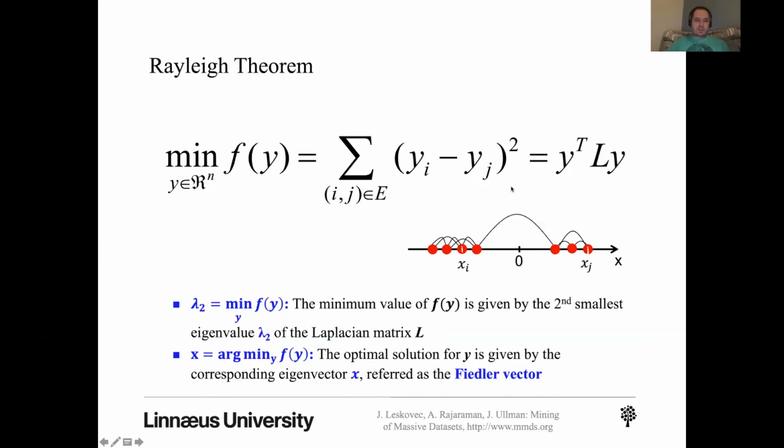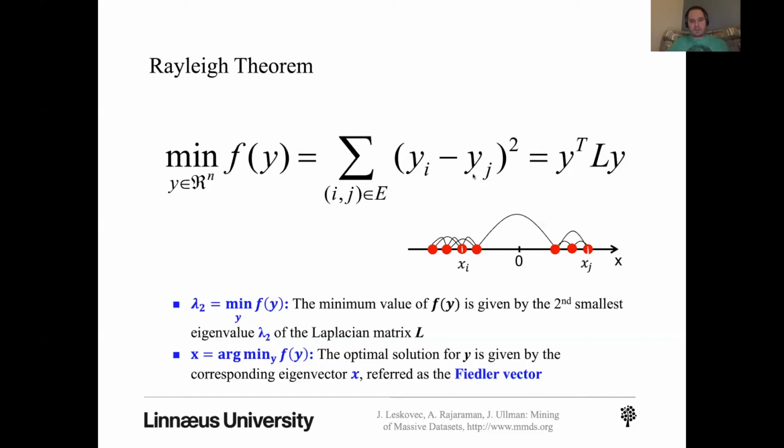And this is what the minimization of this function here is actually modeling for you. We're saying, look, I want to find a certain vector y of labels, such that if I sum the squares of the differences between these labels for i and j, such that i and j is actually an edge, so i and j are connected, right? So think about this. I have all pairs of nodes that are connected.